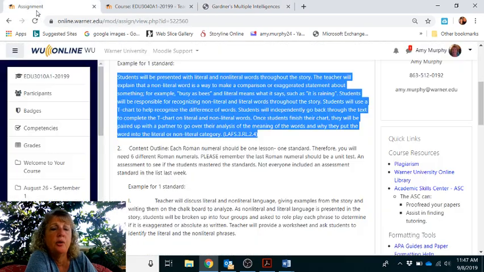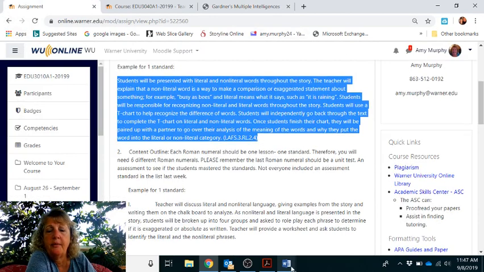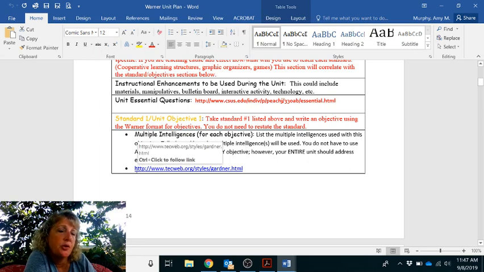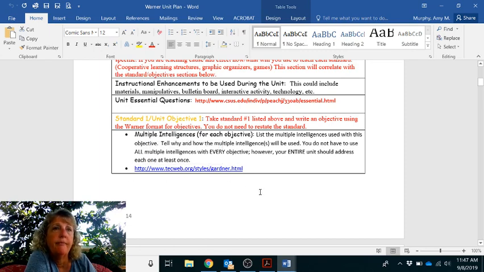So what you would do is you would go to the unit plan, and for unit 1, objective 1, here you would put visual spatial, and then students will be creating and completing a T-chart. Then you could put interpersonal, students will be working with a partner. Intrapersonal, you could put that part of the plan, they'll be working individually.